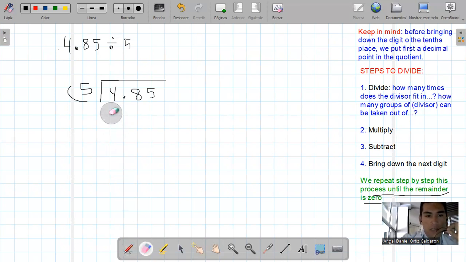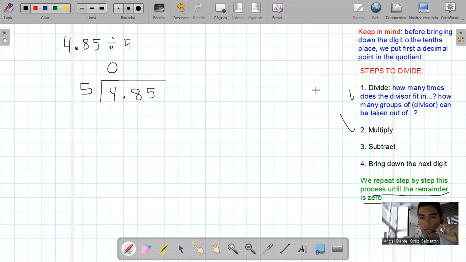Or the second question is, how many groups of 5 can be taken out of 4? Since the number 4 is smaller than 5, we know that 0 groups of 5 can be taken out of 4, right? This is the first step. That's what I mean with divide.